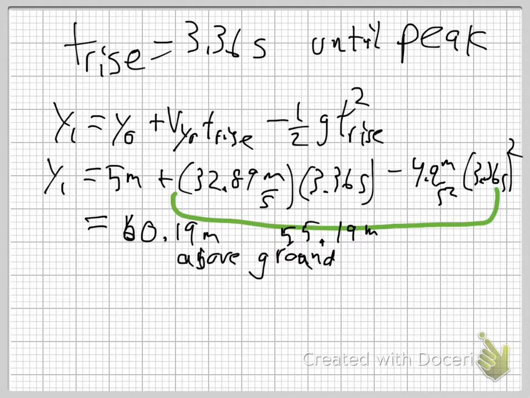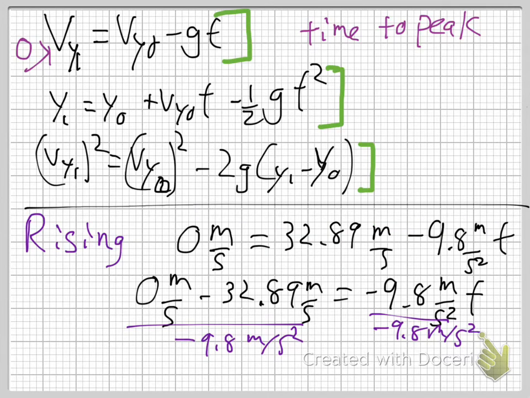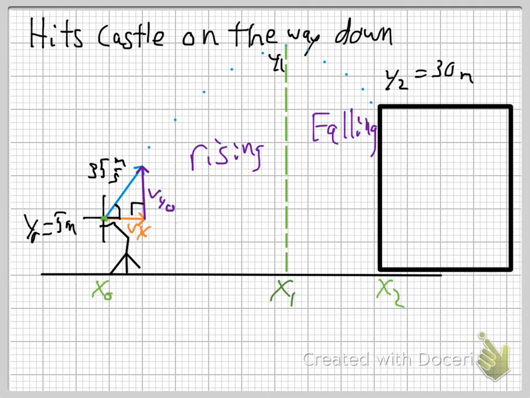I'm not really sure why there was so much confusion here. But what this is telling you is when it hits the peak, that's how high it is. So, you know how we were saying x0, y0? Our first coordinate was 0 meters, 5 meters. This one here, we haven't found x yet. We don't necessarily have to, but we know that this is basically 60 meters.